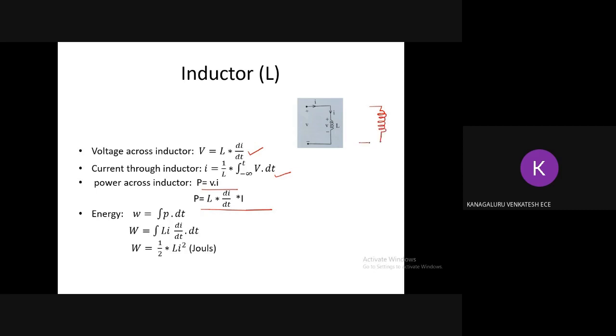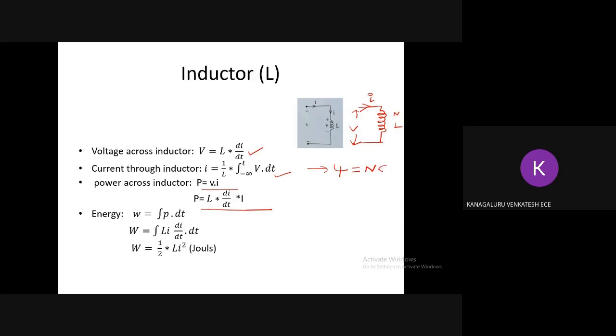We have an inductor with n number of turns with self-inductance L. Across the inductor, I am applying a time varying voltage V. Because of this time varying voltage, obviously some current I will flow in the circuit. And when this current flows through the inductor, it produces a flux. We call it psi.